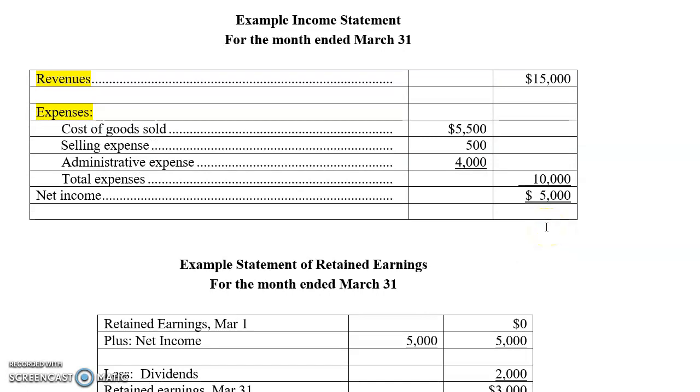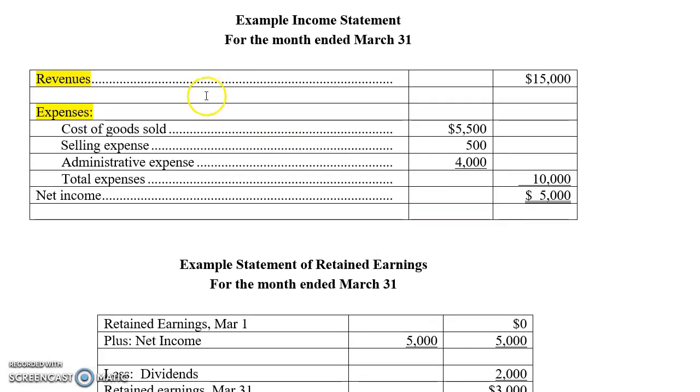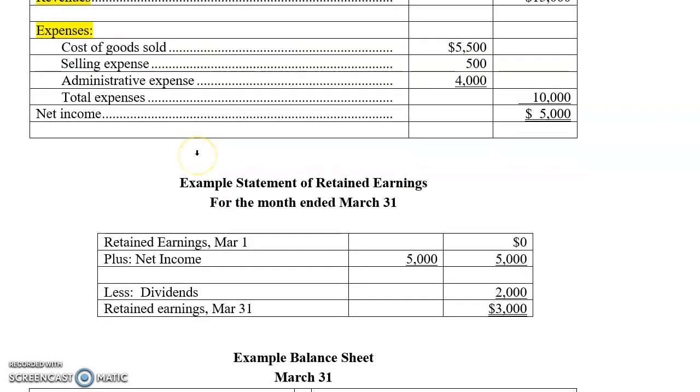We need that net income to do the equity statement. Now this company just started, so on March 1st it was zero balance because they did not exist prior to March 1st. So this is the only month that's ever been in existence. Net income increases retained earnings. They paid out dividends. Remember DIRE? That's how we know what goes up, what goes down. So revenue and expenses is part of DIRE, the RE. It's here, right there.